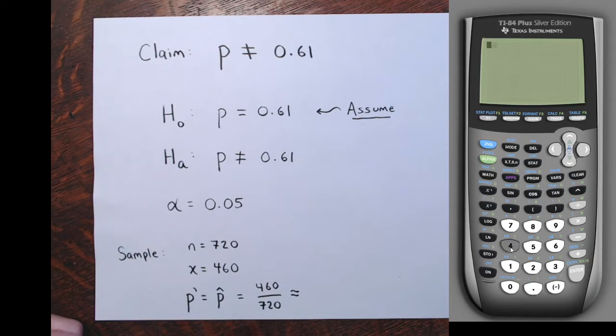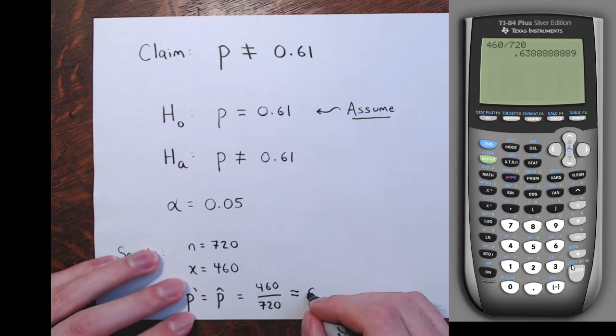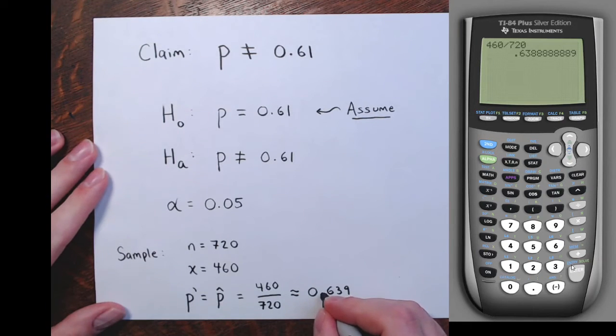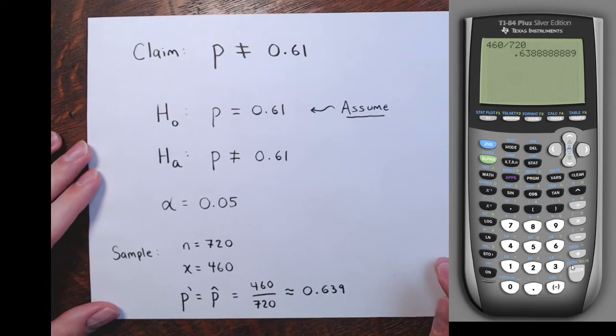Pulling the calculator up, 460 divided by 720 is 0.63888888. To 3 decimal places, that's approximately 0.639. So almost 64% of this sample uses JavaScript as their primary technology.